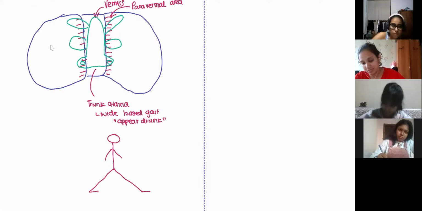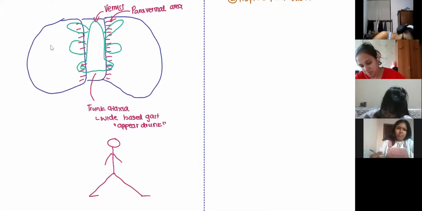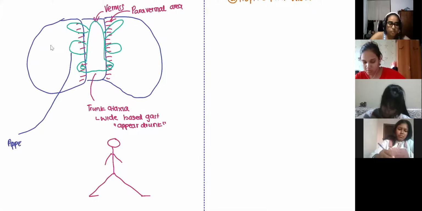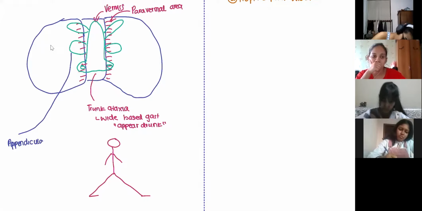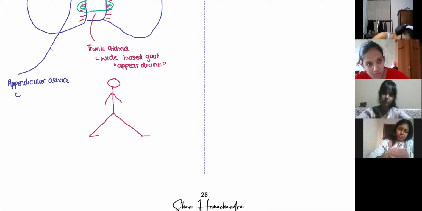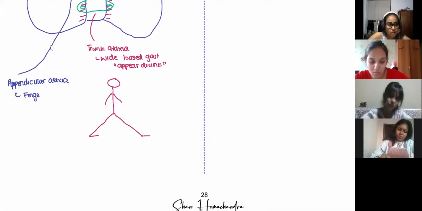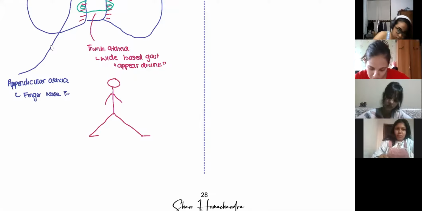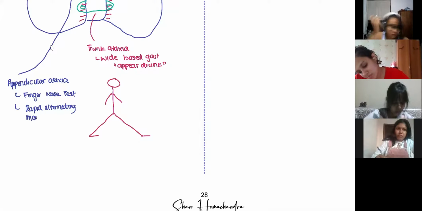If there is damage to the appendicular area, that means the limbs, it is called appendicular ataxia. And the way you check that is, this is our hands. So you do something called the finger nose test, or you do some rapid alternating movements.